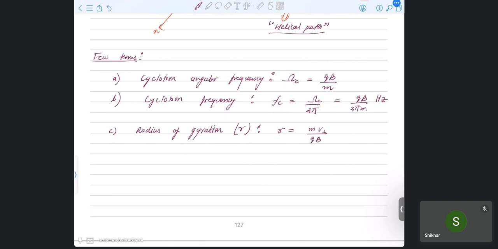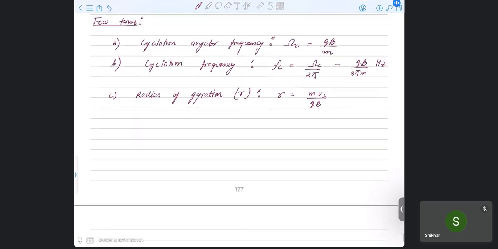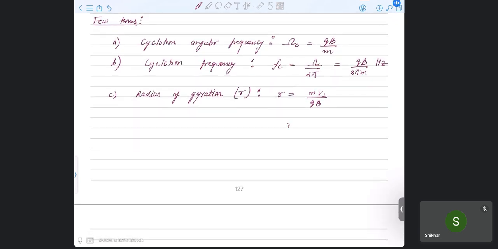Okay. A few things to notice is that your r is directly proportional to the mass of the particle, and since the mass of an ion is greater than the mass of an electron, the radius of gyration of an ion will always be greater than the radius of gyration of an electron.